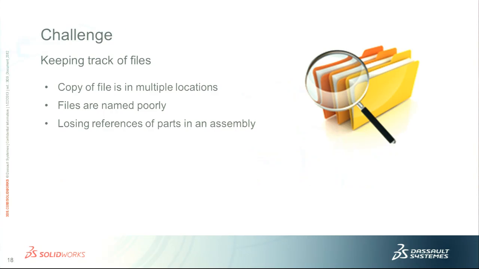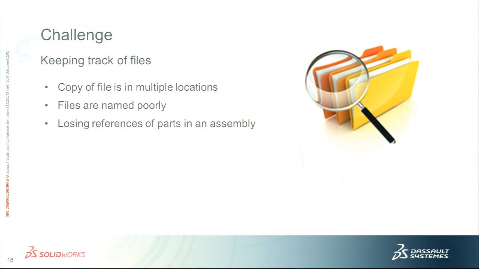Okay, next challenge, keeping track of files. We want to make sure that we do not have multiple copies of files in multiple locations. Causes all kinds of havoc with SolidWorks. It can also be a problem if you have two files that have the same name. So if I have an assembly open that has a part in it that's named top, so I didn't take the time to put in my part number, I just labeled it top or bottom.